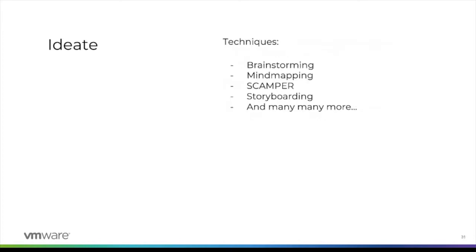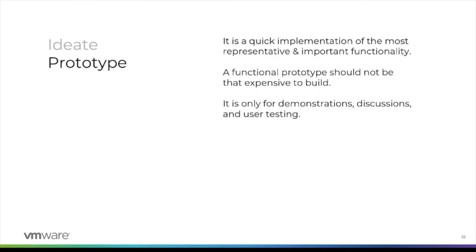There are many techniques that can be applied to generate and develop new ideas. Next, prototype. Prototype is a quick implementation of the most representative and important functionality. This allows us to experience what it might be like if it was fully developed without the cost and time of creating the real solution.